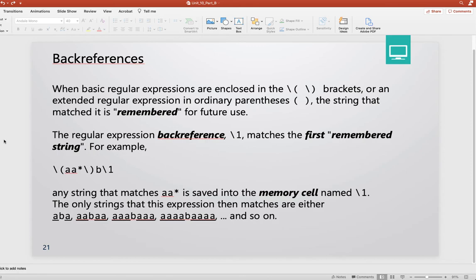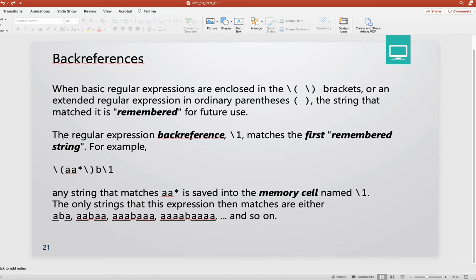Back references. When basic regular expressions are enclosed in backslash parentheses, or an extended regular expression is in ordinary parentheses, the string that matches it is remembered for future use.